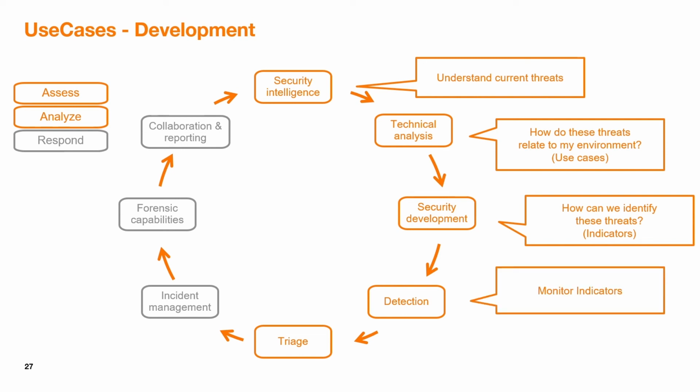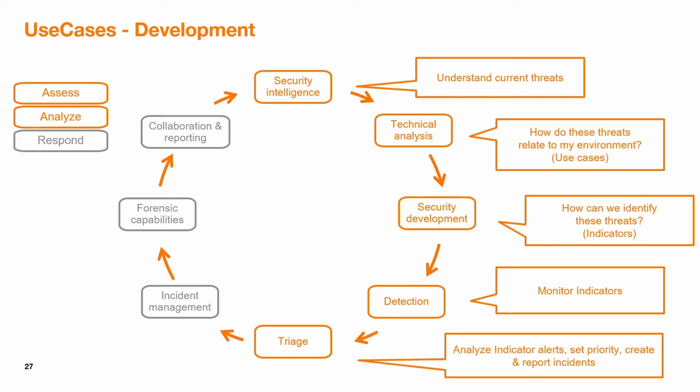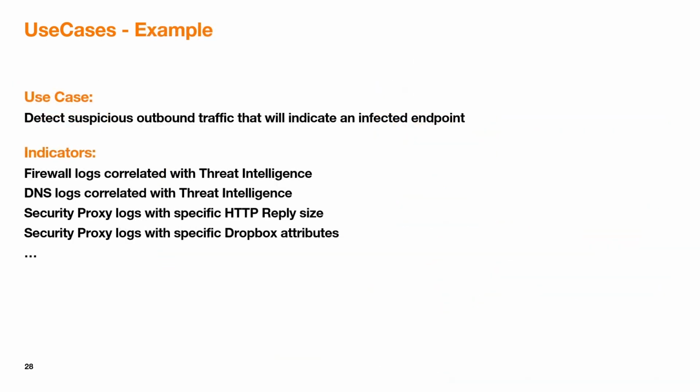And then how to monitor those indicators. Are the right sources added to my SIEM system? Am I able to detect the related information? And then, starting with the triage, analyze the alerts, set the priorities, and so on. And it's a life cycle.